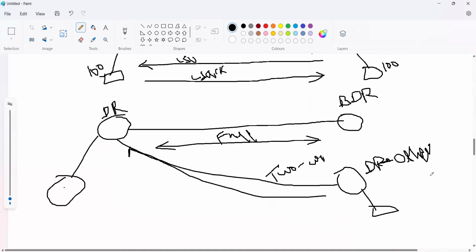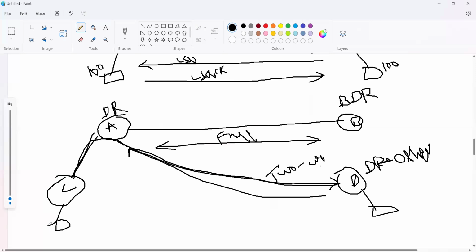If this is A and B and C, D. If this router wants to communicate with router C, it will first move to the DR router, then from the DR router to the other, likewise.